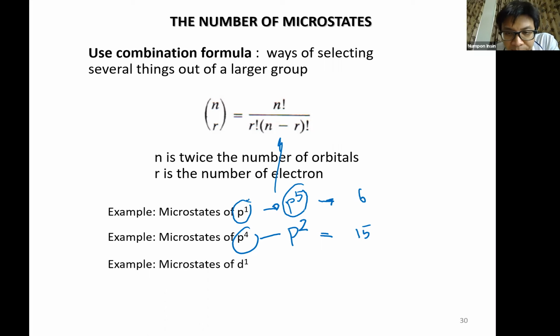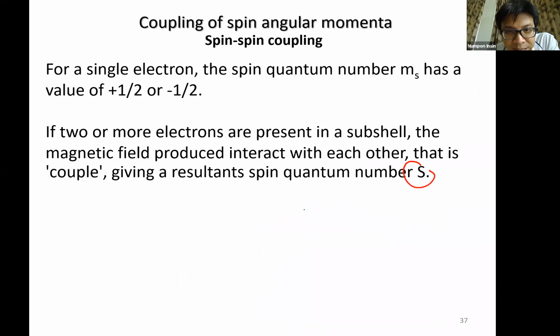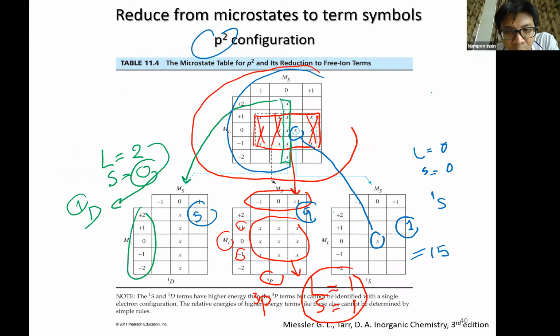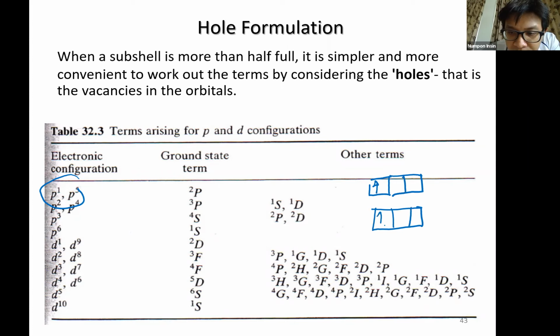Okay, so the formulation is going to give you the same answer. If you have the same number of holes or the same number of electrons, you're going to get the same answer. For example, P1 and P5. P1 looks like this. P5 looks like this.